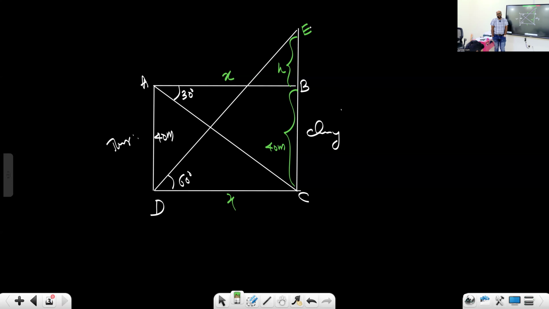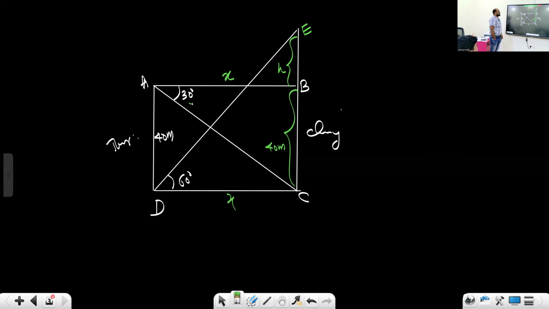In triangle ABC, anybody have doubt? Let me know. Pranitha, in triangle ABC, which angle you can see? 30. According to this one, what side is this? Adjacent. Which trigonometric ratio? Tan 30.